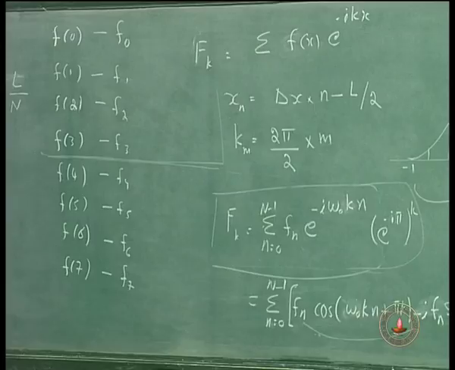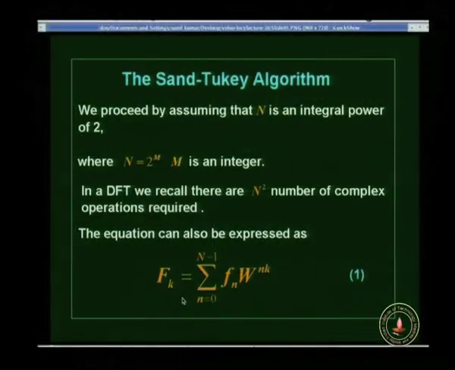Okay, so we just briefly go through that. So we write the Fourier transform, in this case the discrete Fourier transform, as now f_n w to the power nk. That's what we write. Okay, and then this w here is e to the power of minus i 2 pi by capital N, where N is the number of points. So that is exact.